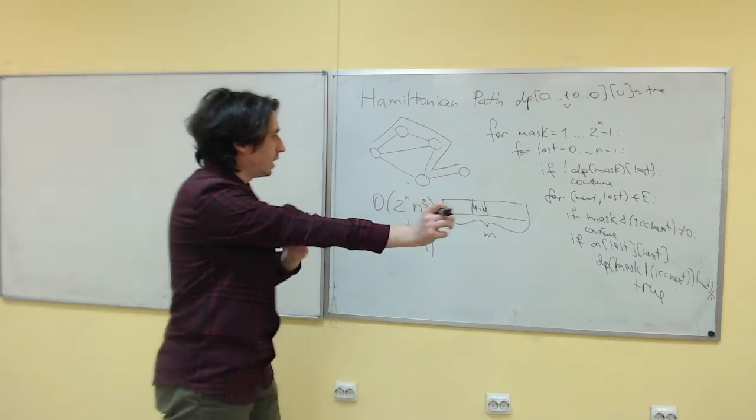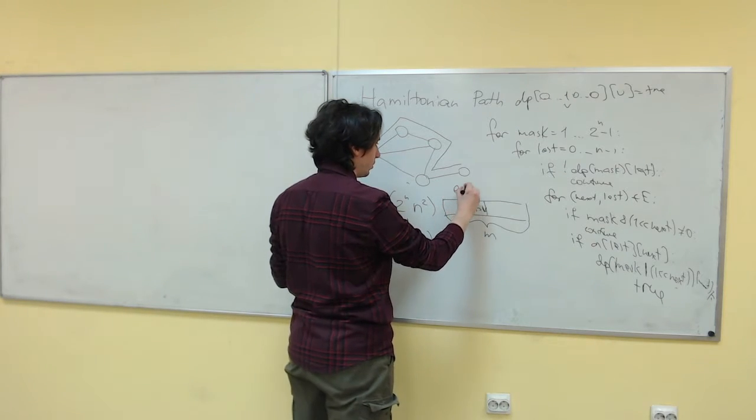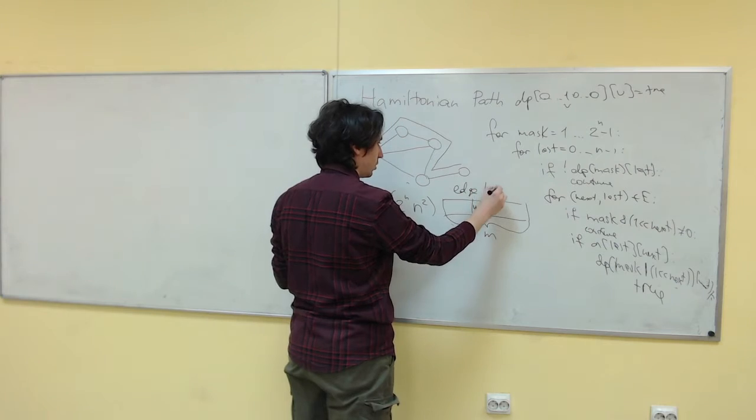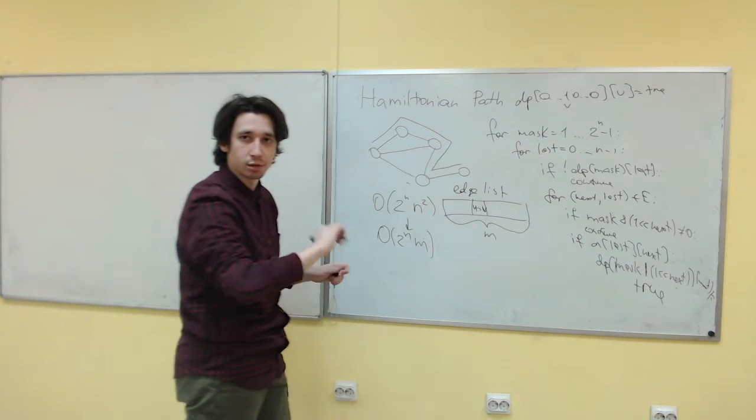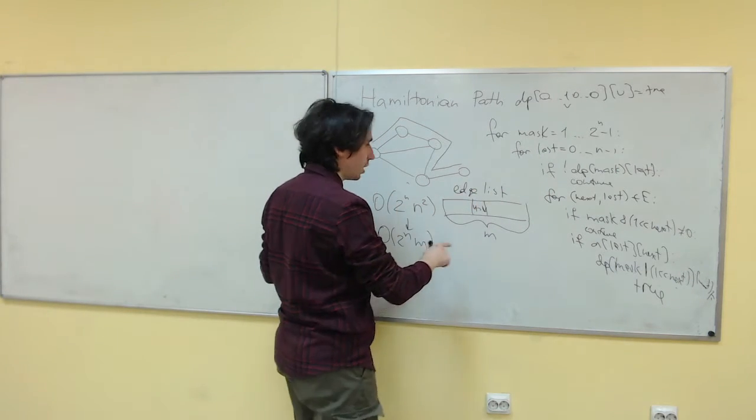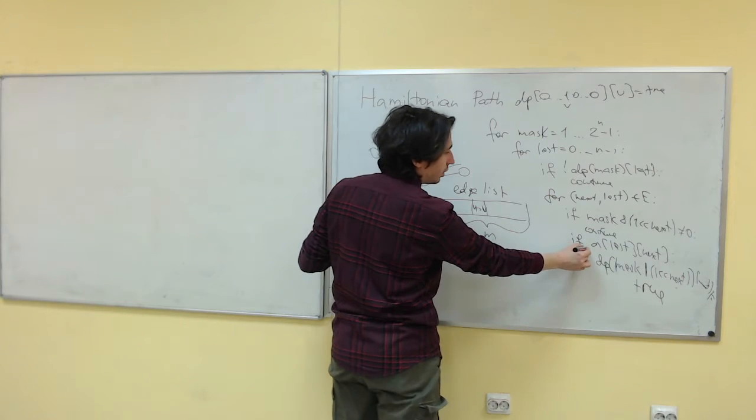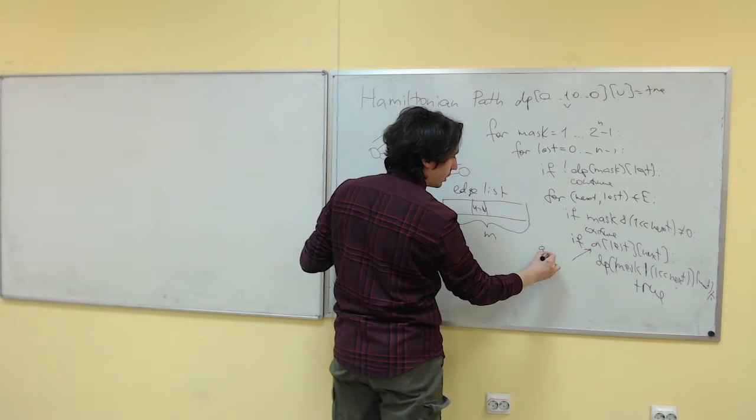So this is the edge list. The edge list is just the list of all edges in the graph, and this one is the adjacency matrix.